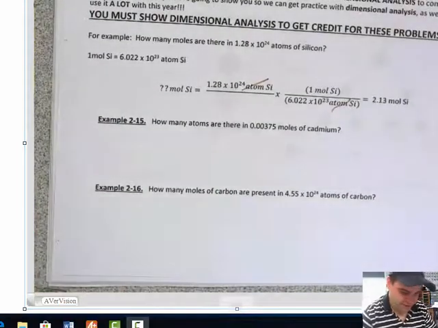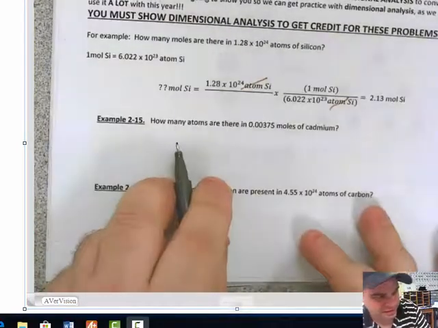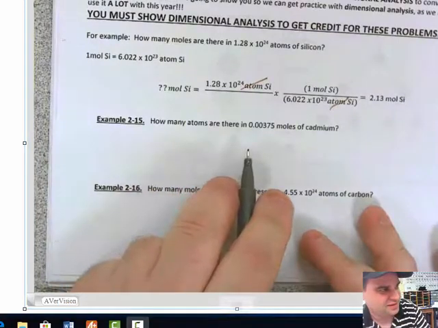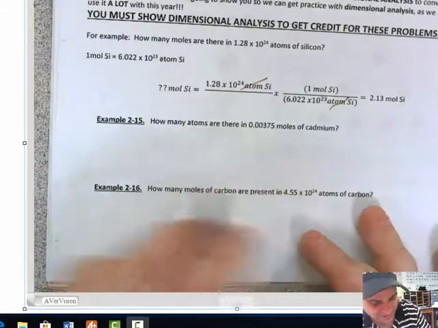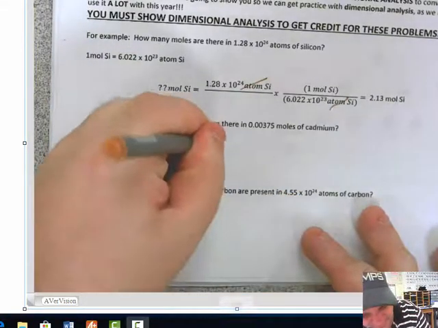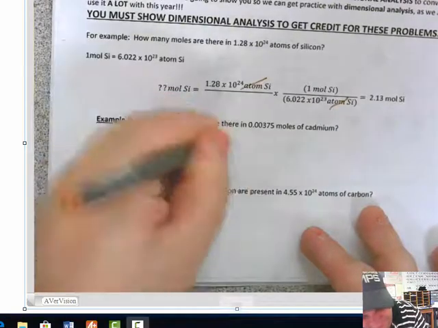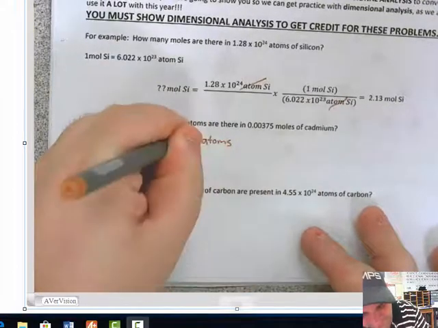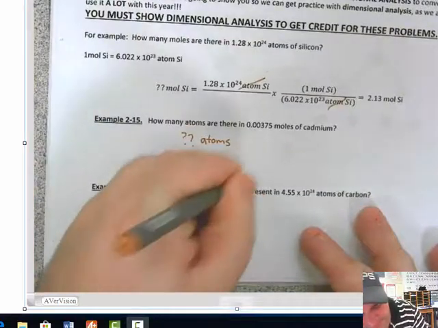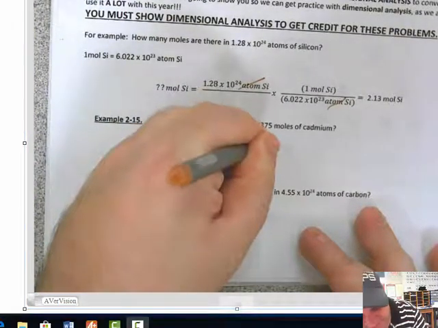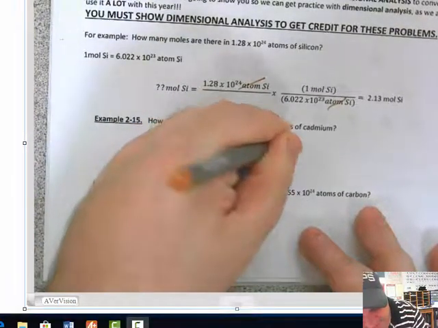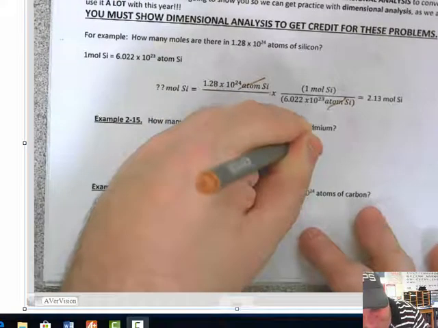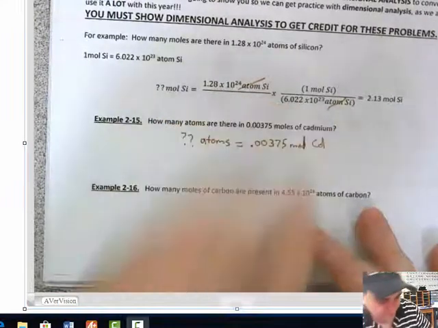Okay. Here we go. How many atoms are there in 0.00375 moles of cadmium? We are looking for atoms in 0.00375 moles of cadmium.